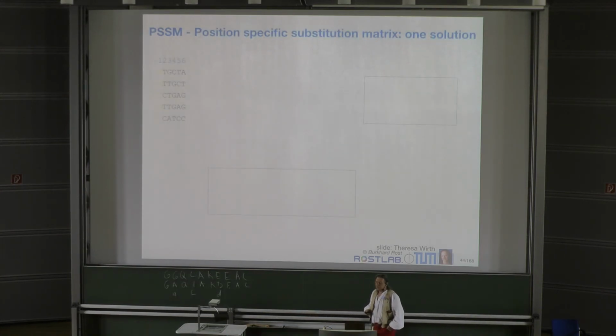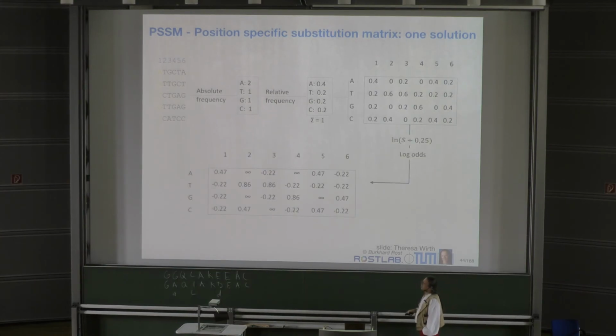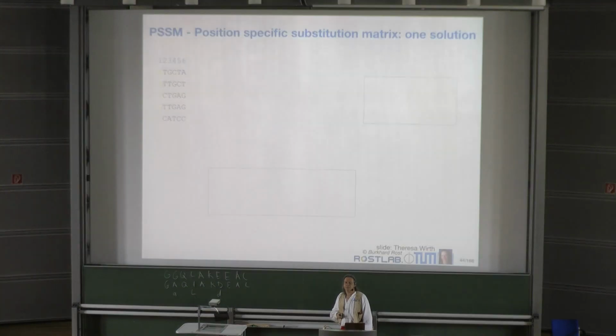So on the example of the nucleotides, and I didn't remember that there's an animation in here. This is my alignment here now for a sequence of 4 nucleotides that are 6 letters long. And then you simply count on the first position what's the absolute frequency. You turn that into a relative frequency. Sum is of course 1. The relative frequency gets into a log-odd table, and that log-odd table you then use for the alignment.